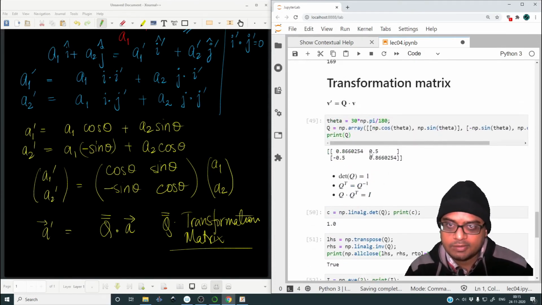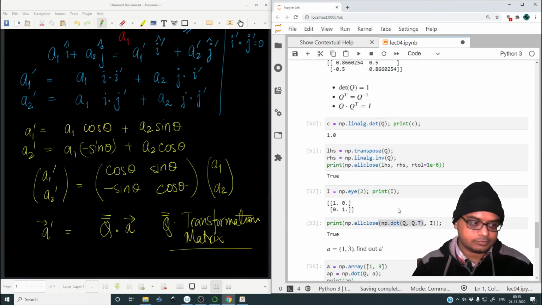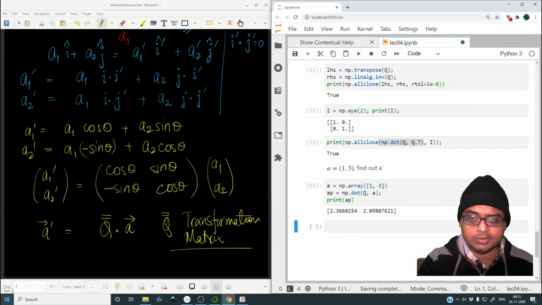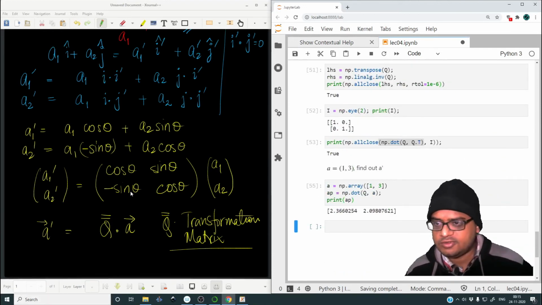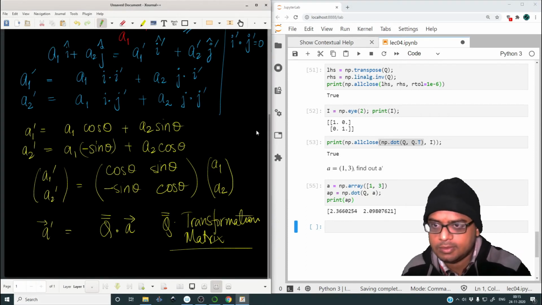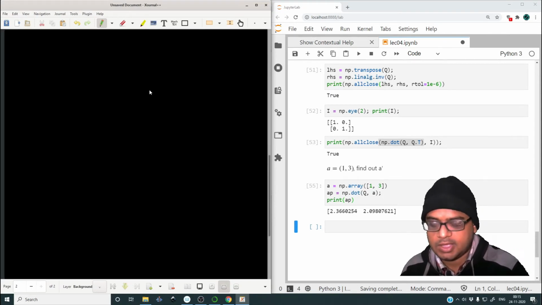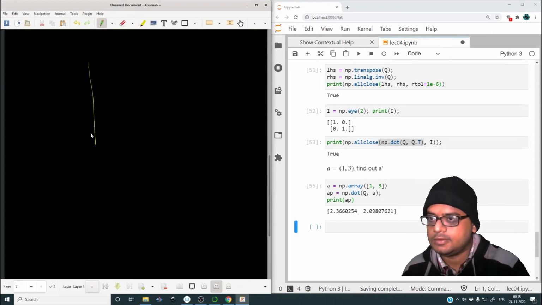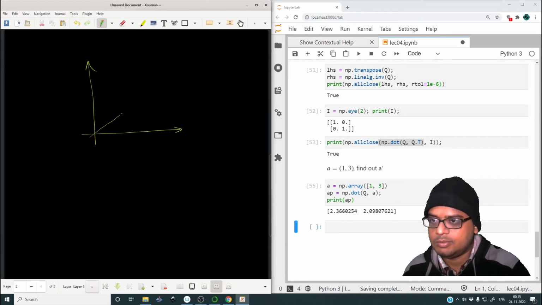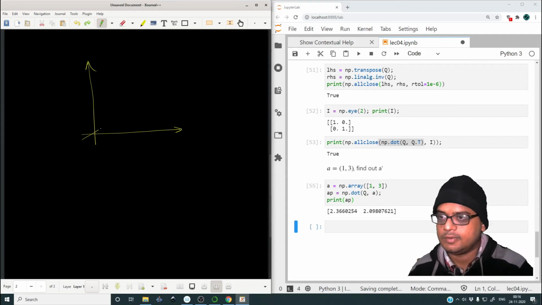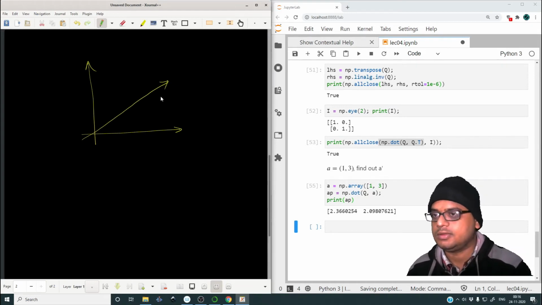So the angle is 30 degrees. So how does this look like? Let us try to draw this. So we have a system like this, and we have rotated by 30 degrees, something close to this.